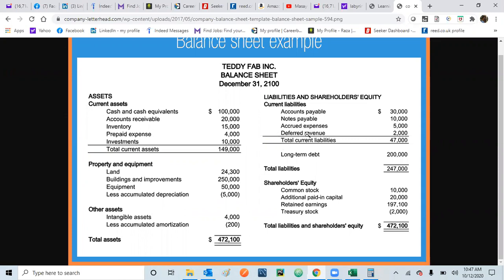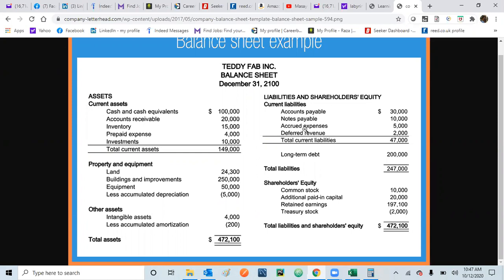Just to give you the idea, let's say you are using the premises and you are paying the government bills, or the property taxes, or utility bills, or rent, or whatever type of expense that you need to pay within this year, they are all accrued.